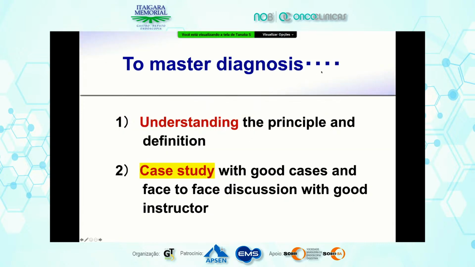To master diagnosis, understanding the principle and the definition is very important. However, even if you attend special lectures many times, if you don't do concrete case study, maybe you cannot use the JNET classification correctly in daily clinical practice.